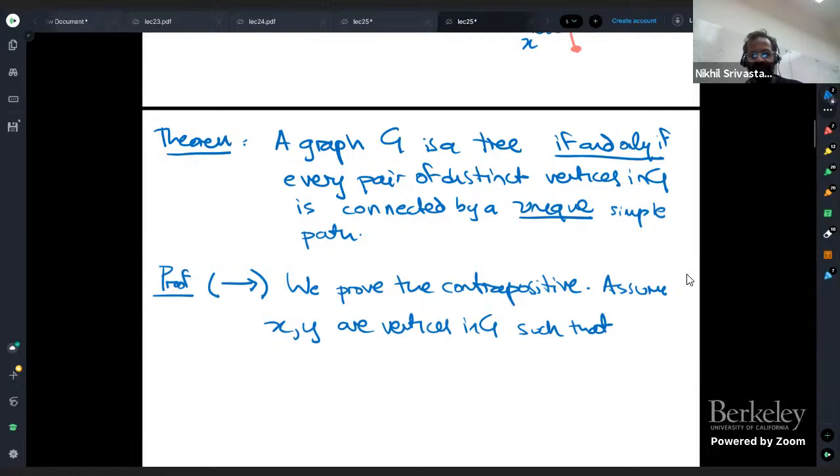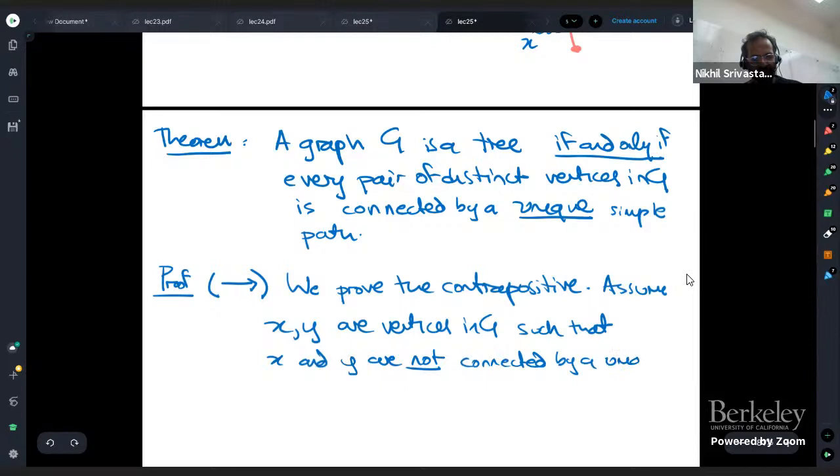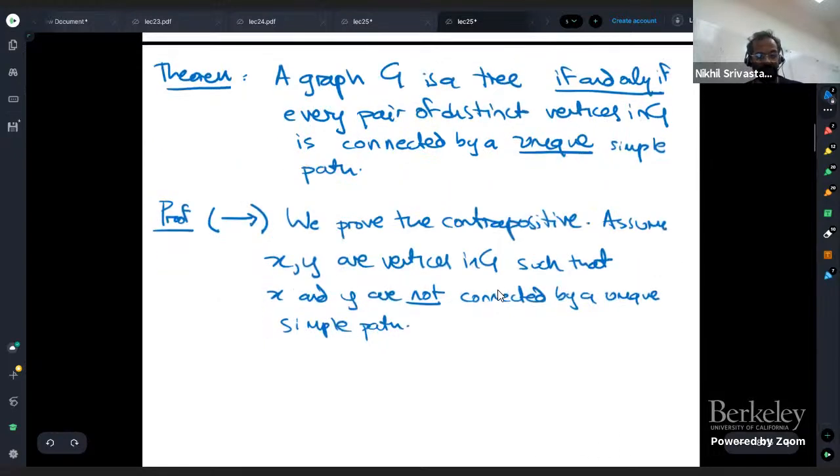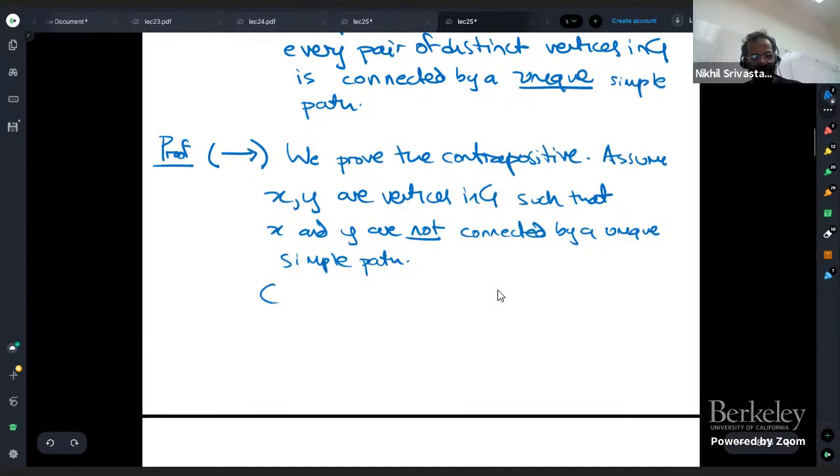If there's not a unique path, then there are either zero paths or there are two paths, right? Such that X and Y are not connected by a unique simple path. Well, so case one is that they're not connected by any path.